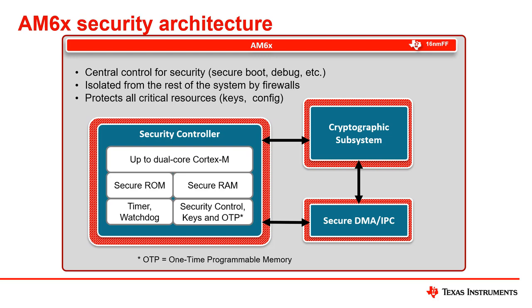You want that to be well protected, and the security controller and the firewalls that protect it are going to help implement that security, keeping that Linux application from being able to read things that it should not be able to read. As you can see, the security controller really is the core component of the overall security system and baked right into the architecture. It's one of the first things that's going to run at boot, for example.